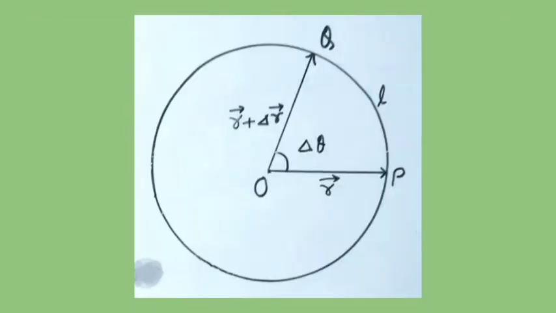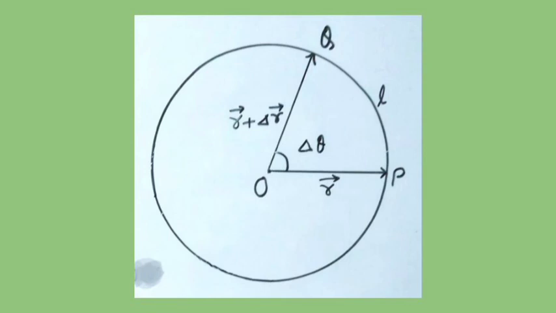We have already observed that a point object moving on a horizontal circular path with a constant speed changes the direction of velocity vector continuously with time. It means the uniform circular motion is actually an accelerated motion.